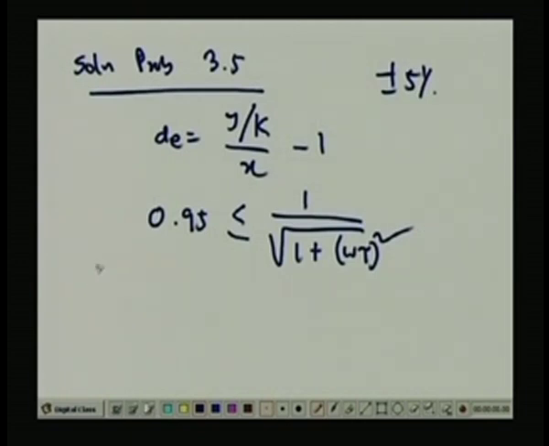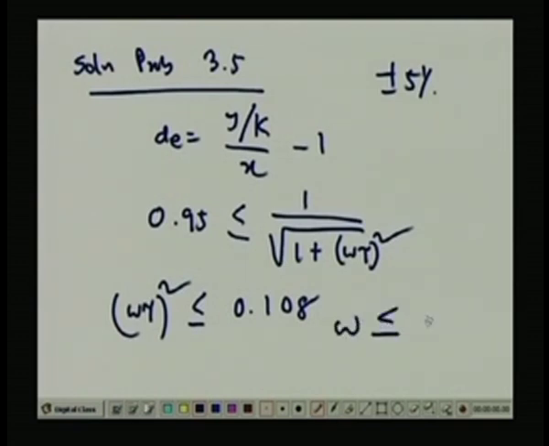From this, I can write that omega tau square will be less than or equal to 0.108. So I can write omega will be less than or equal to 0.01095 radian per second.